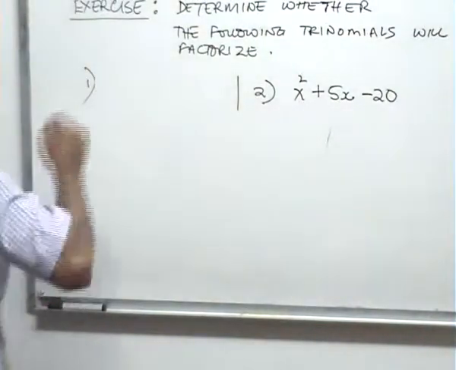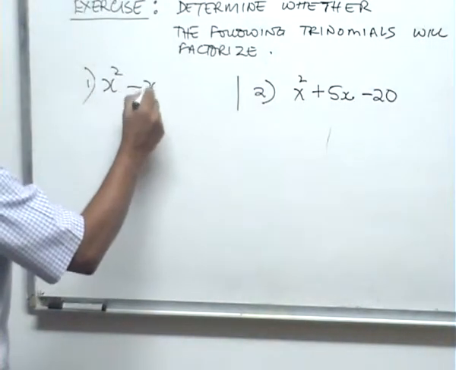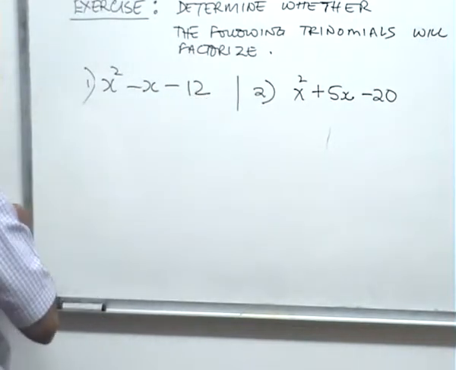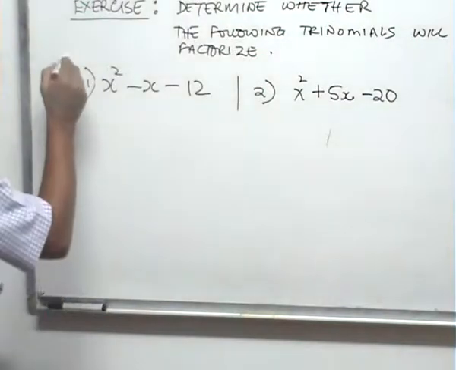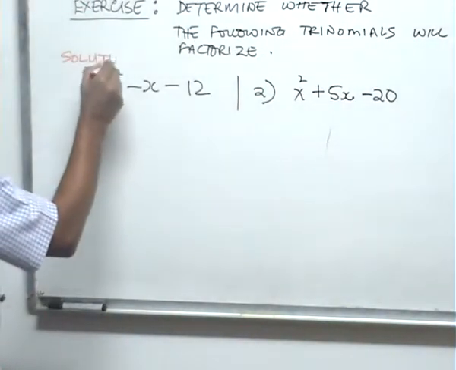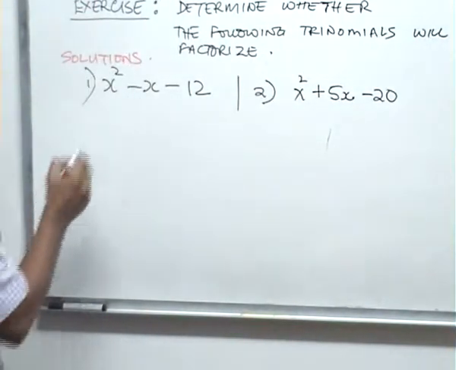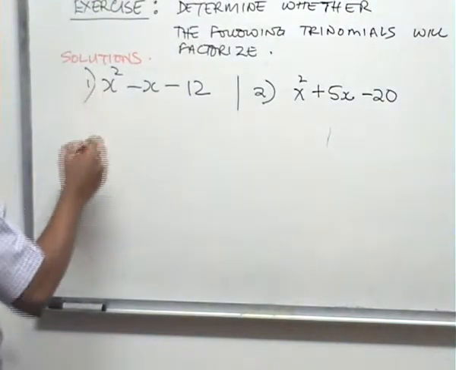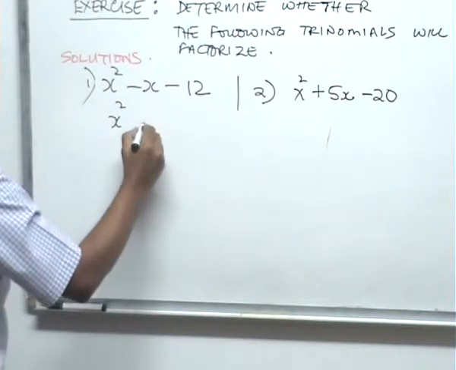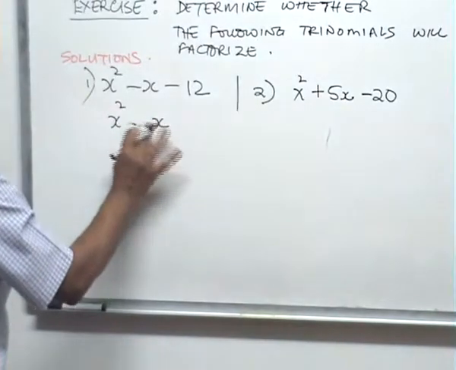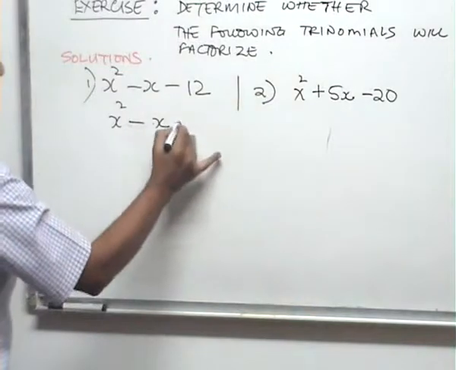Let me write the question down again. There's x squared minus x minus 12.